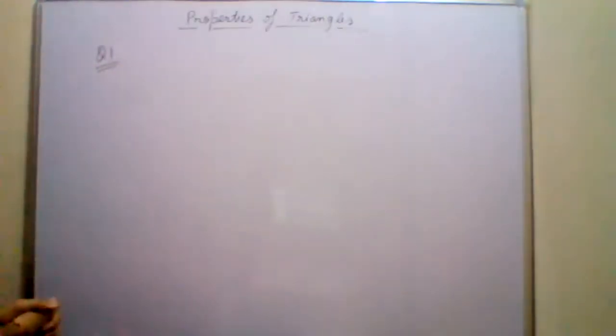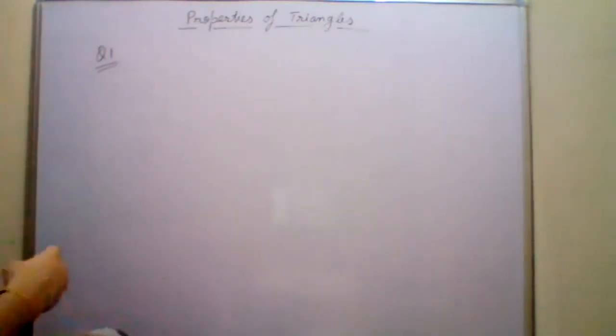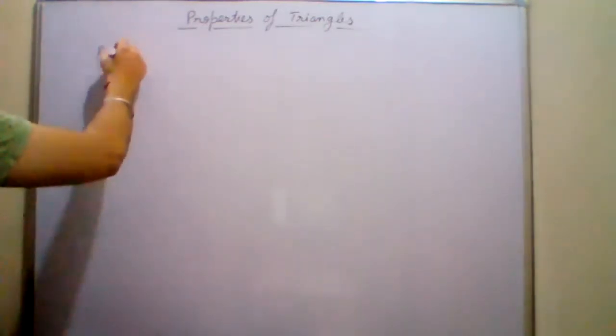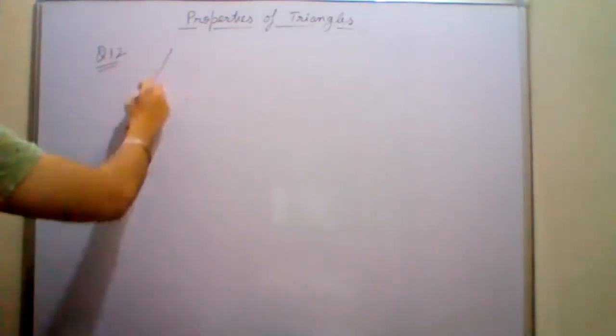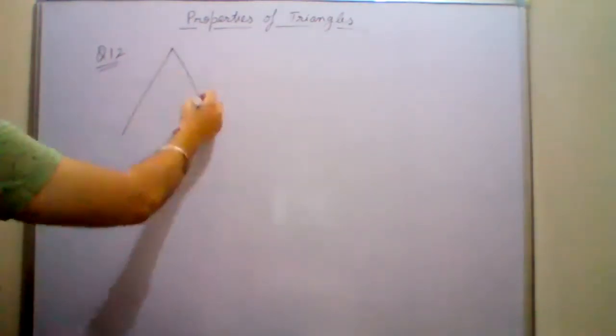Question 12. In the given figure, DE is parallel to BC. If angle A is equal to 65 and angle B is equal to 55, find the measure of these angles. So this is the figure given in the question.